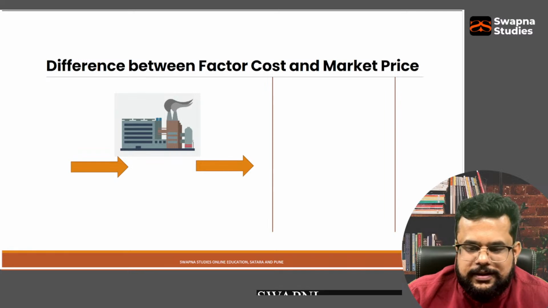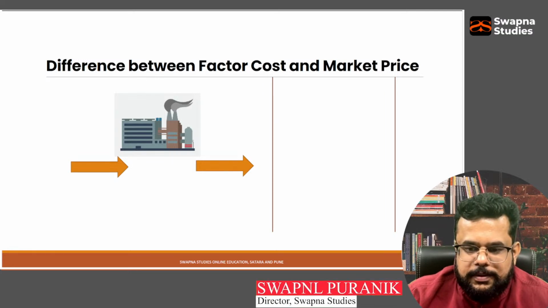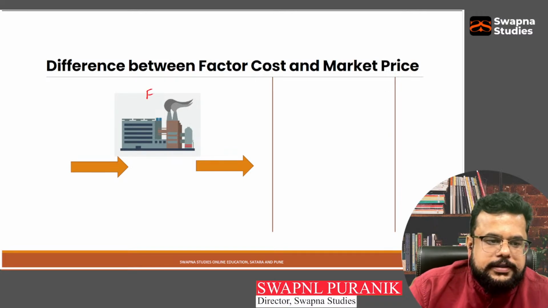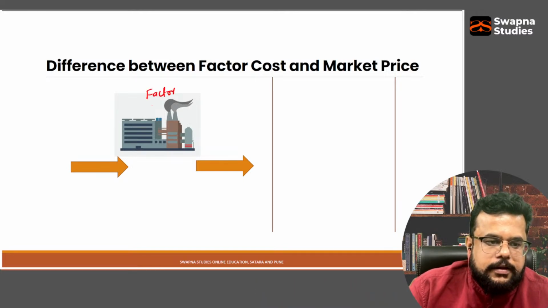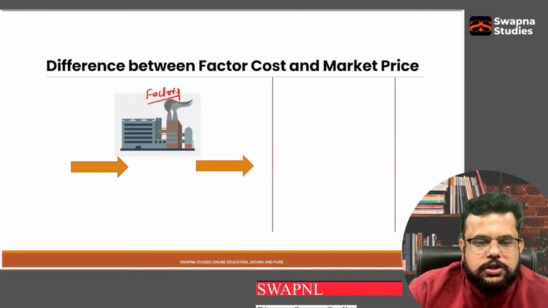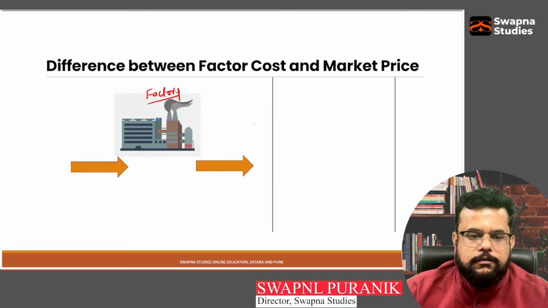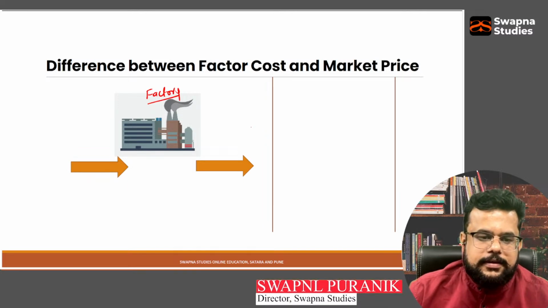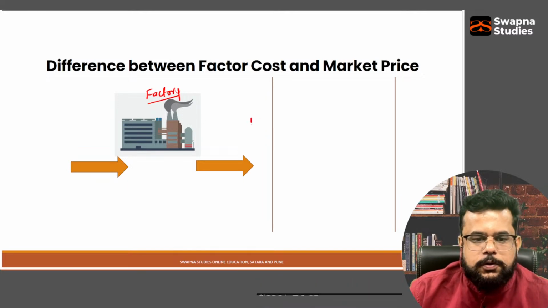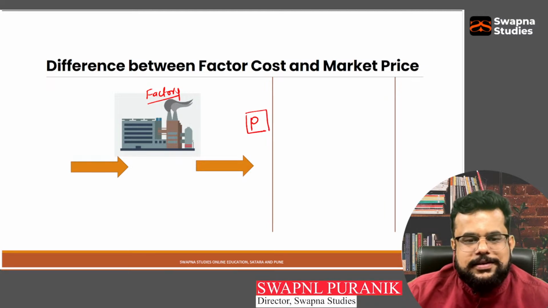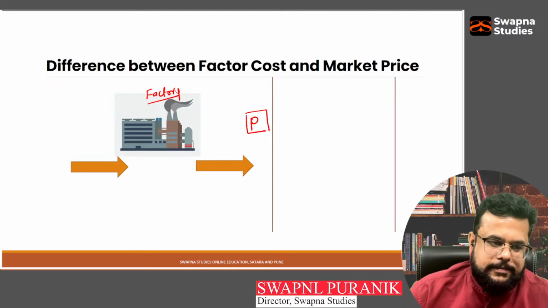You can see in the PPT, there is a factory. And what is the function of a factory? To produce goods. Let us say that this factory is producing the product P.